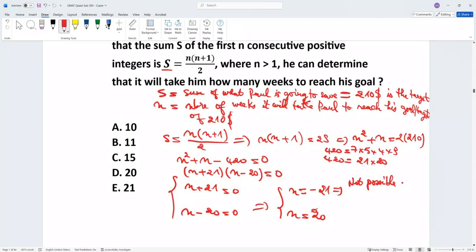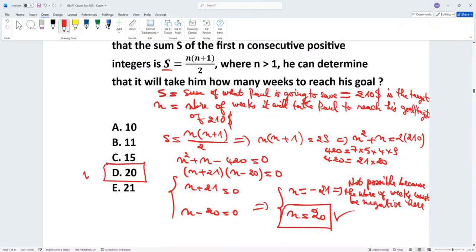N being minus 21 cannot be our answer because the number of weeks cannot be negative here. So we are going to be left only with this answer, which is 20. So that's our answer. Answer D is the correct answer.